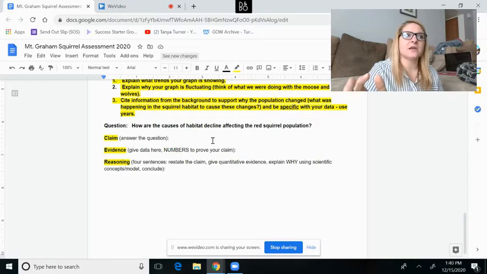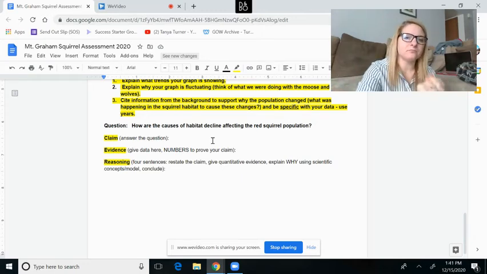So you could say something about there was a fire or multiple things that affected the red squirrel population. That would be an answer to that question. Or you can even tell me how it's affecting the red squirrel population. It's declining, it's increasing, it's fluctuating. You need to tell me. You don't need to say because though. Remember, it's just one sentence.